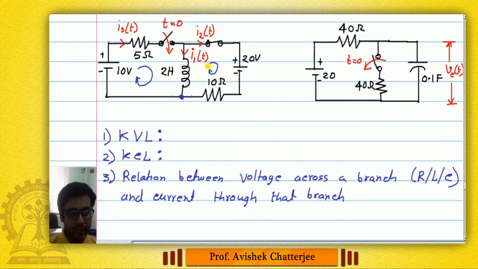So we can also take Laplace transform of these functions of time, and suppose these Laplace transforms are capital I1(s), then the Laplace transform of small i2(t) is capital I2(s), and Laplace transform of this function is capital I3(s). Okay.